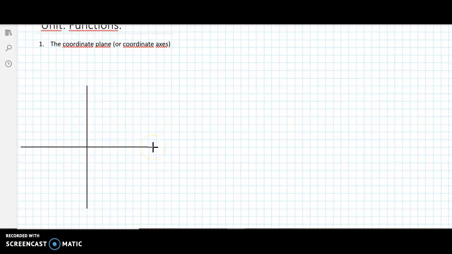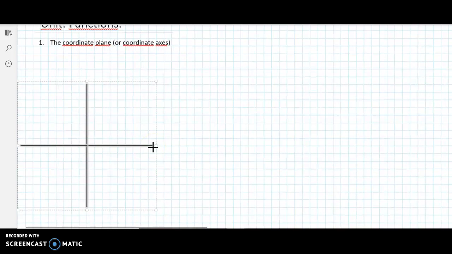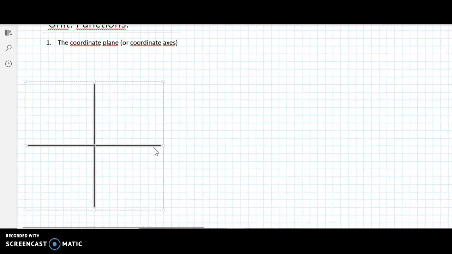Okay. So on this coordinate plane, we have to divide the two lines into different equal parts, and these equal parts will represent numbers.